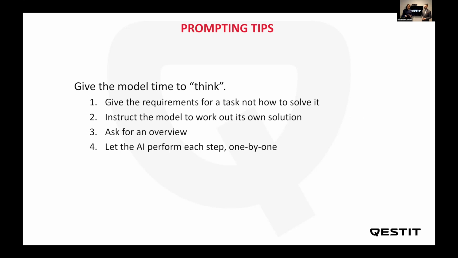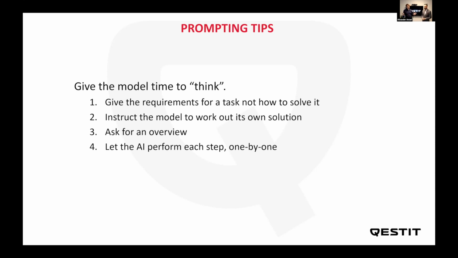Other things we can do if we have more complex problems is that we give the model time to think. So we give the requirements instead of saying how it should solve something. We let the model give an example of how to solve our requirements.